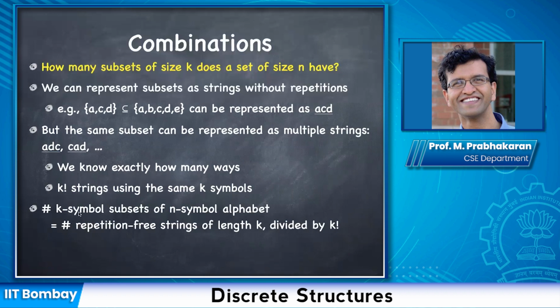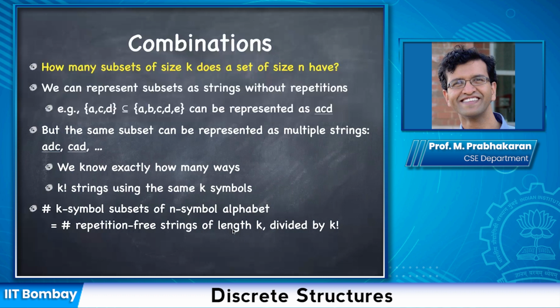Now, what we are interested in is counting the number of subsets, but we could first count the number of repetition-free strings of length k, and then we know that each subset has k factorial copies of itself among these strings of length k. So just scale down this count by a factor of k factorial, because every subset appears as exactly k factorial strings without repetitions.